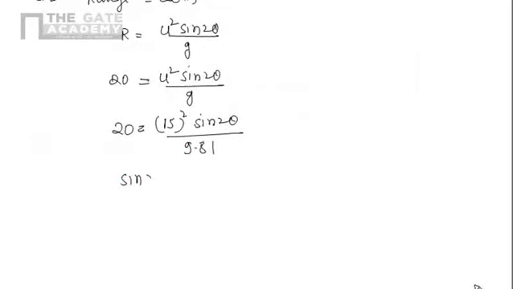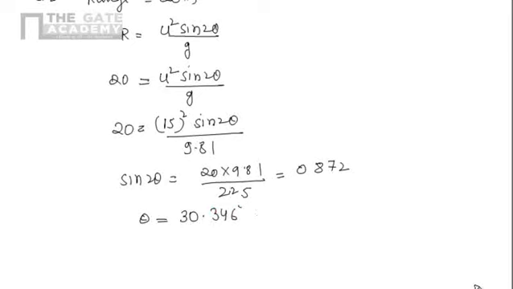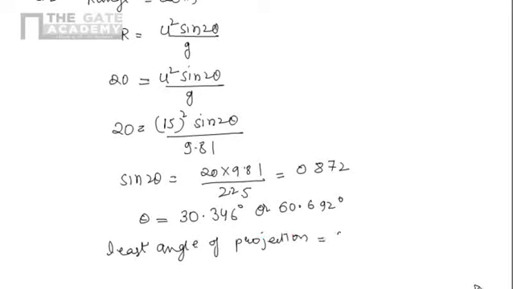So I can write sine 2 theta equals 20 into 9.81 divided by 225. This value will come around 0.872. So theta will be 30.346 degree or 60.692 degree. So the least angle of projection will be 30.346 degree.